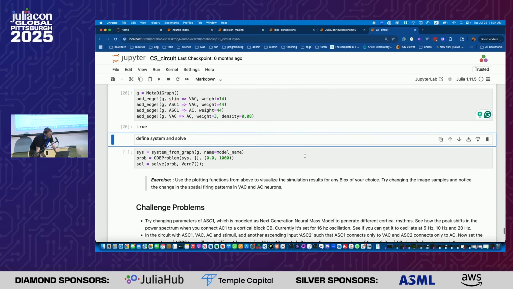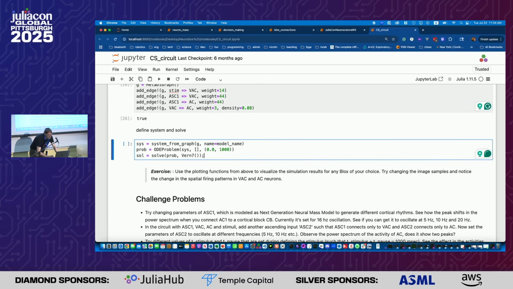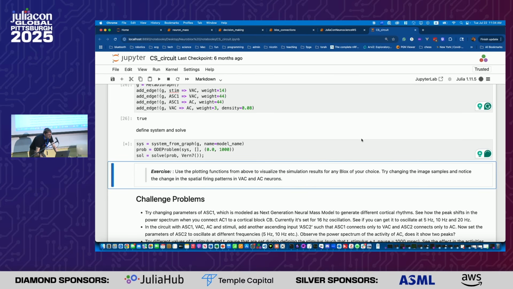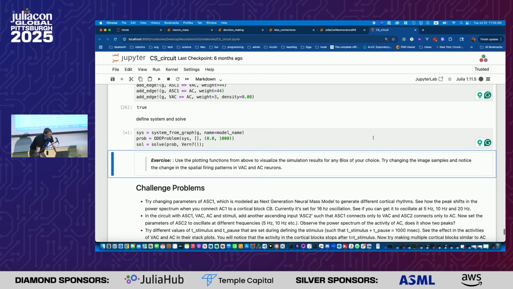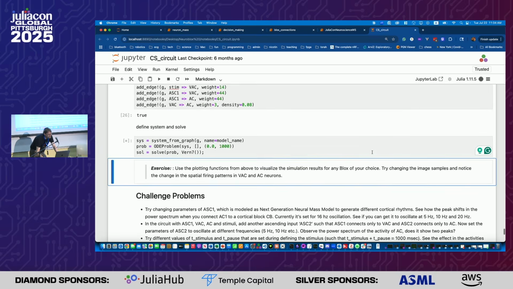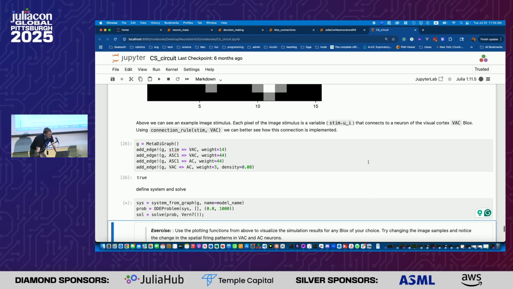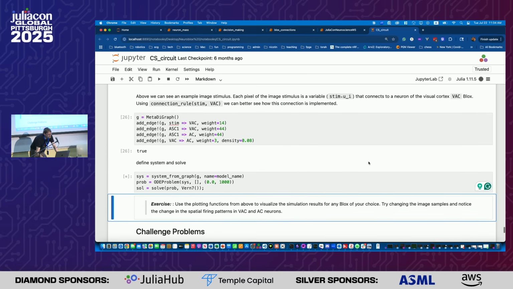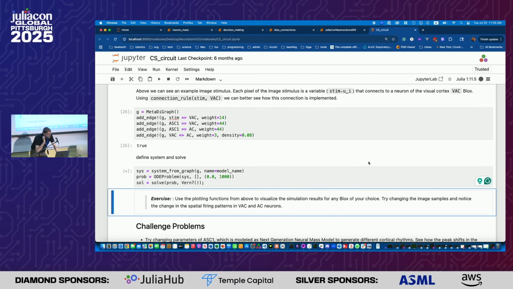And simulate it. It will take a little while because it's two cortical regions that talk to each other. And by the way, it's boring because we don't even plot it, right?